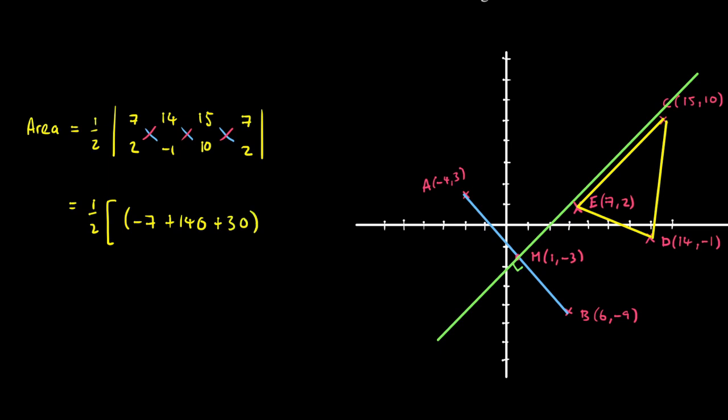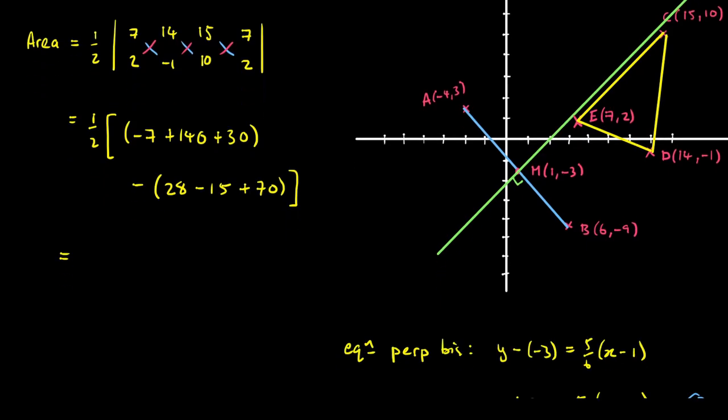So that's the first one. Minus, let's do the red pairs. 2 times 14 is 28. Negative 1 times 15 is negative 15. And 10 times 7 is 70. Okay, so that's everything there. So now let's try to simplify all of this. So I've got a half of, oh my word, what is this? So I'll keep that as negative 7 for the moment. 140 plus 30 is 170.